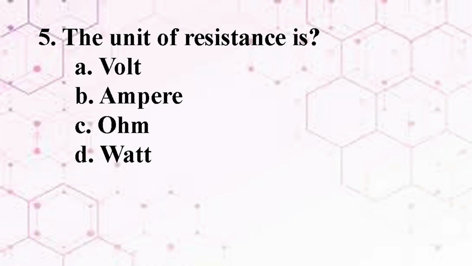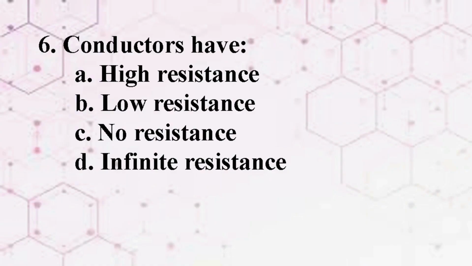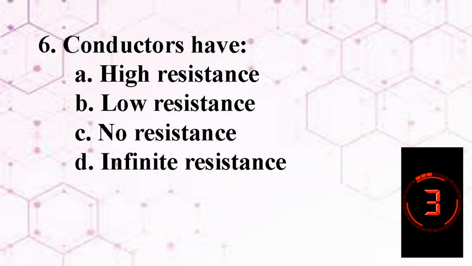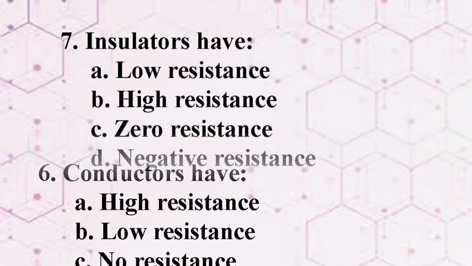The correct answer is C ohm. Question number 6. Conductors have A high resistance, B low resistance, C no resistance, D infinite resistance. The correct answer is B low resistance.